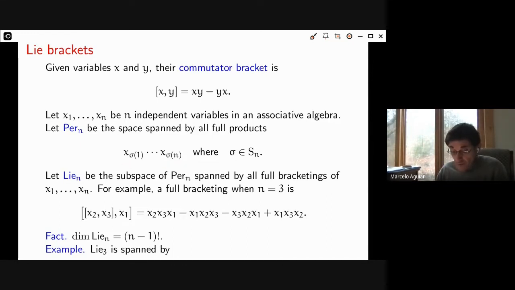So in each of these monomials, each variable appears exactly once. So we have n factorial monomials, and we simply look at the vector subspace inside our algebra spanned by those n factorial elements, which of course are linearly independent because I am assuming that the variables are algebraically independent. So we have this vector subspace of dimension n factorial in which we're going to work.